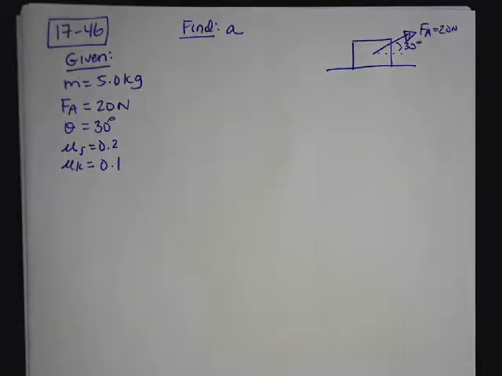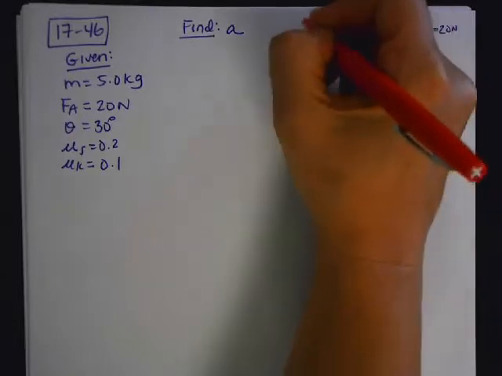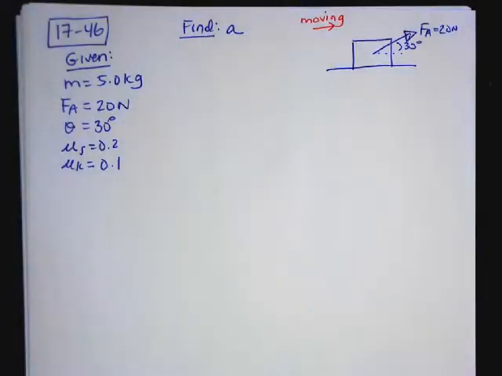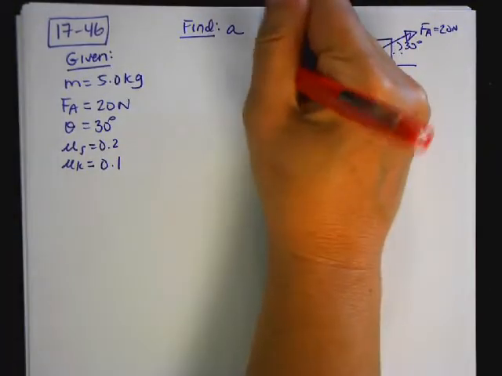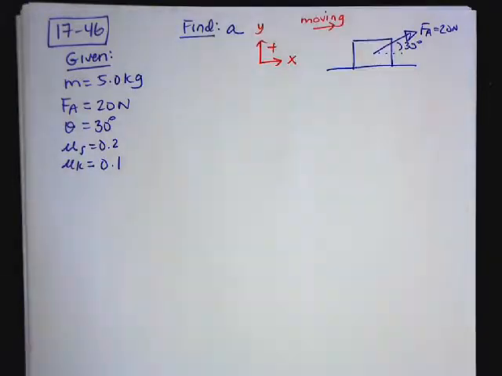But before I even start, in physics, you have to establish your sign convention. Because this applied force is going to the right, I'm just going to write that this is the direction that it's moving. Why am I writing the direction that it's moving? Because I'm going to use my standard Cartesian sign convention that up and to the right is positive. This is important for when I start to sum forces. So I want to establish my sign convention.